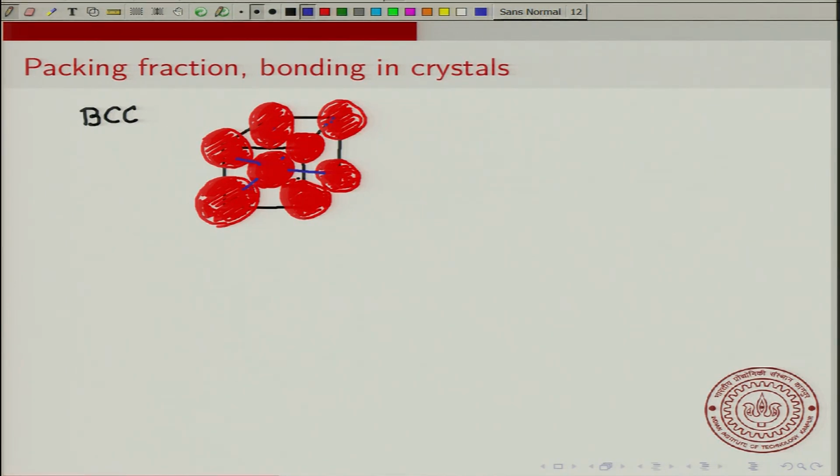Okay. Now, what is important is that if you look along the body diagonal, okay, if I just stretch out the body diagonal to a straight line, so the length of the body diagonal, if this lattice size is a, then the body diagonal size is a root 3.